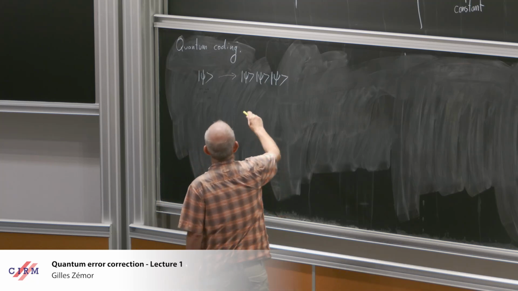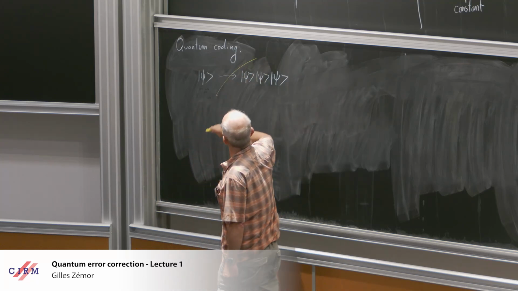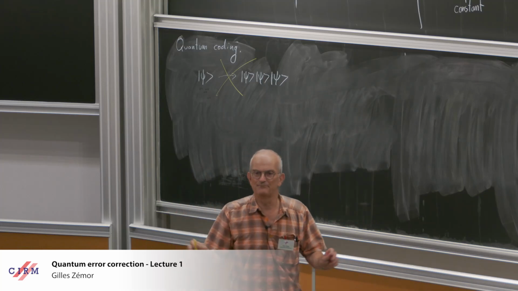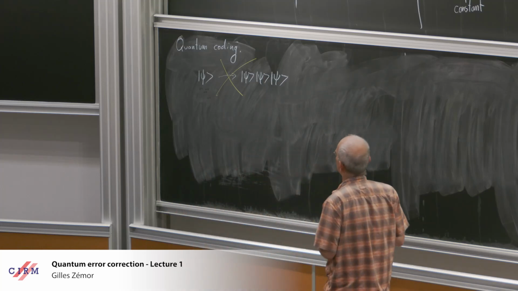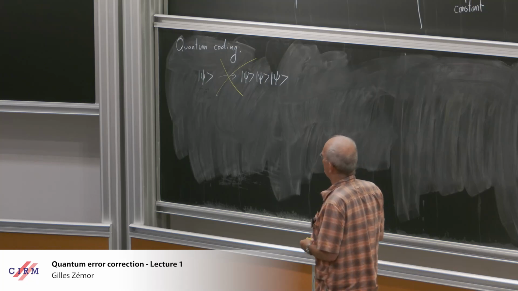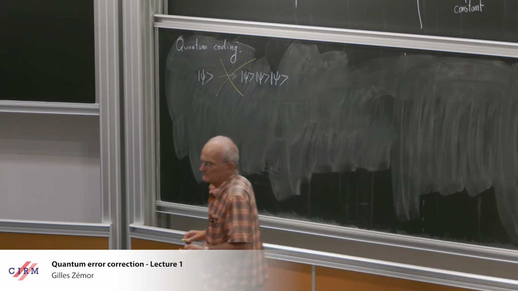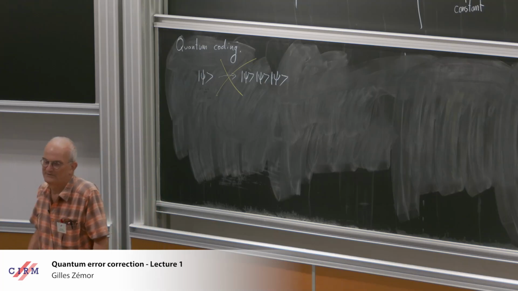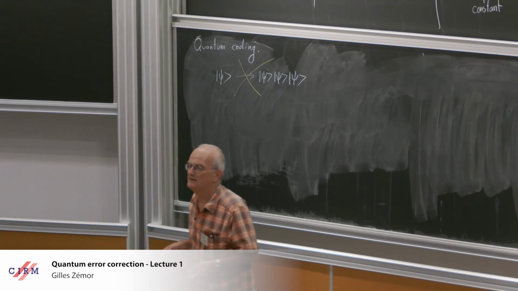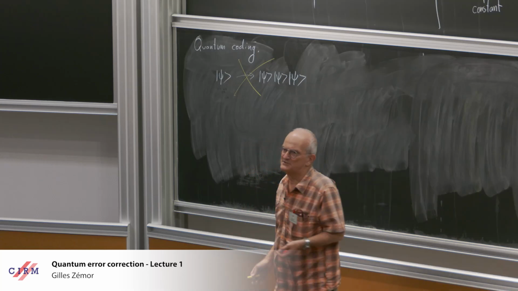in quantum theory. The no cloning theorem tells you it's not possible, there's no unitary transformation that does this sort of thing. And for a short while, some people thought, okay, error correction is not possible in the quantum setting. We can't even do repetition.